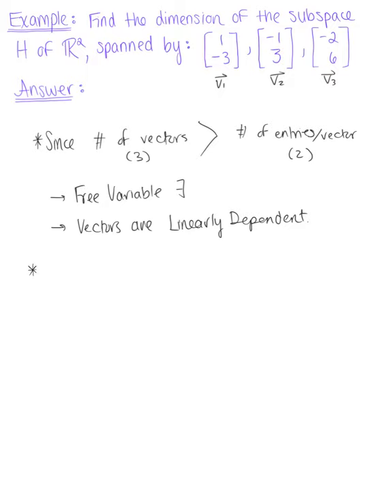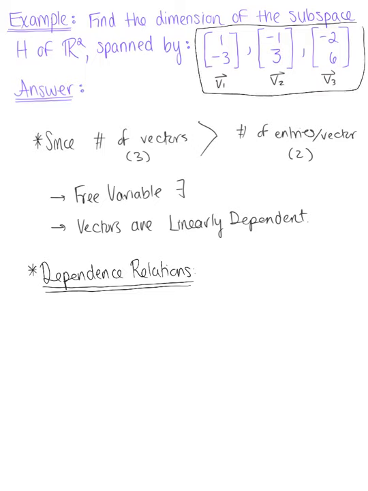So we are looking for linear dependence relations amongst these vectors. What I'm about to do is not necessarily an exclusive solution. You always want to look at the set of given vectors and identify what you see first.